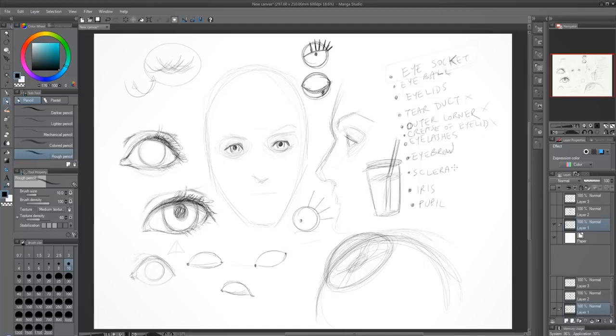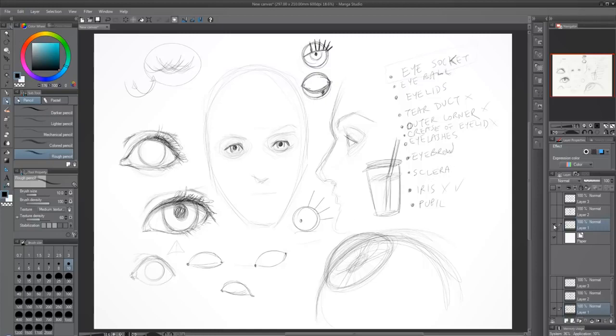Eyebrow you keep, sclera you keep. Iris, in this case, you lose the iris. But if you've got certain styles, keep the iris. And then the pupil, of course, stays. So that's kind of your options when you draw in this style.